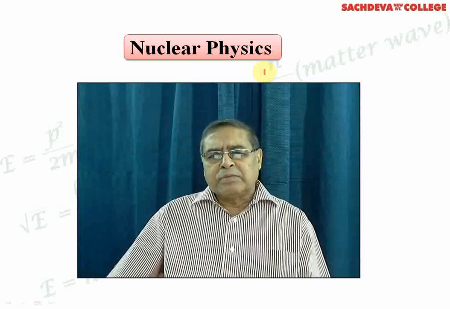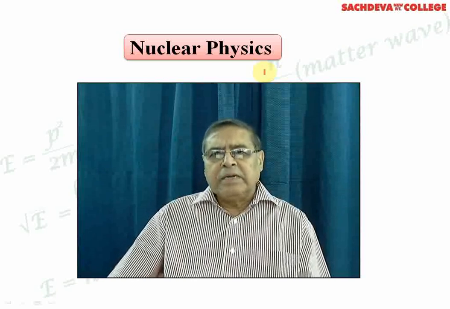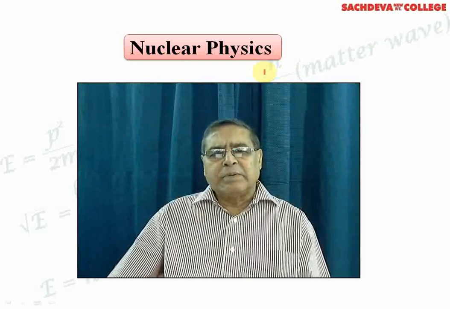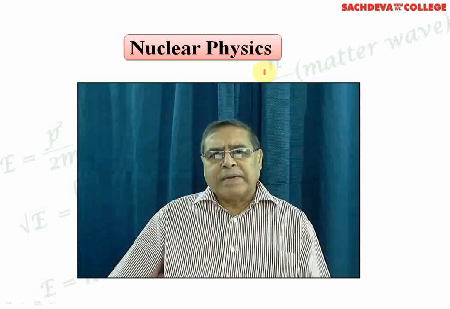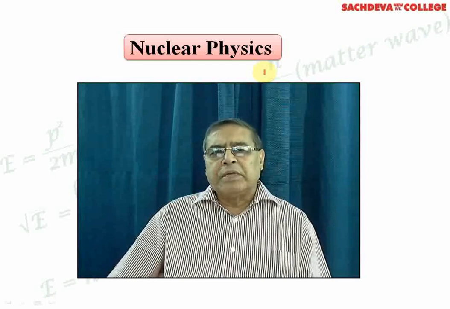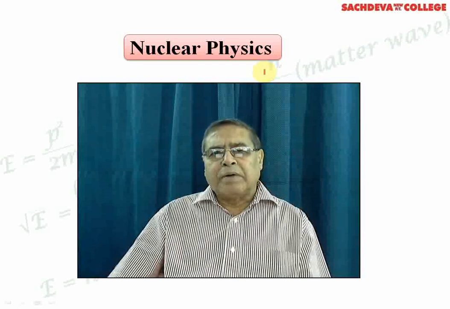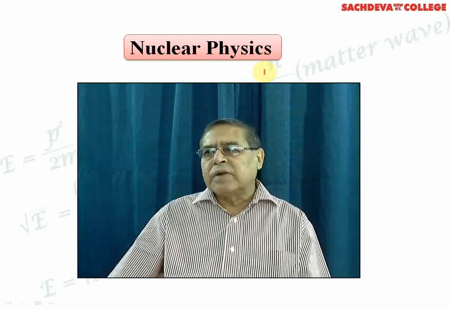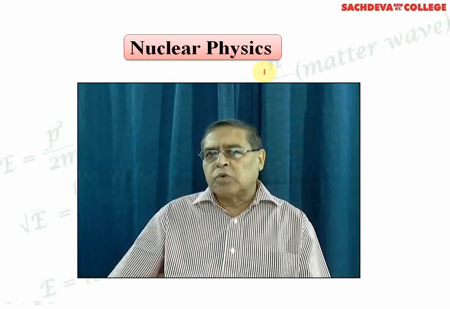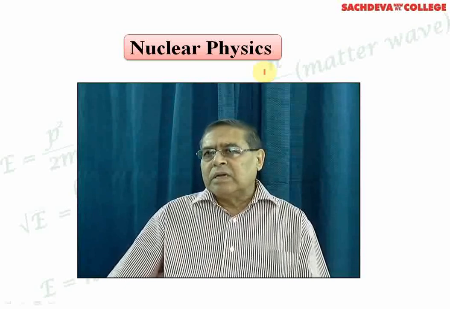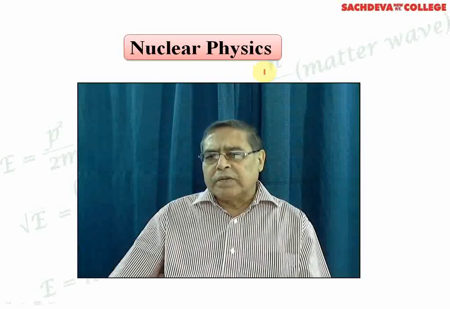So the formula was modified by Bohr, who suggested that the nuclear radius can be estimated by the formula R = R₀A^(1/3). R₀ means the nuclear constant and R means the nuclear radius, and the nuclear radius is found to be proportional to A^(1/3), where A stands for the nucleon number or the atomic mass number, that is proton plus neutron number. So this formula gives accurate results for the nuclear radius.